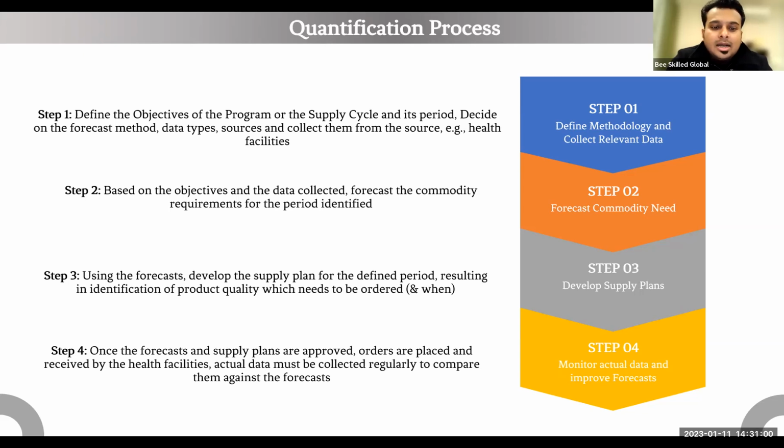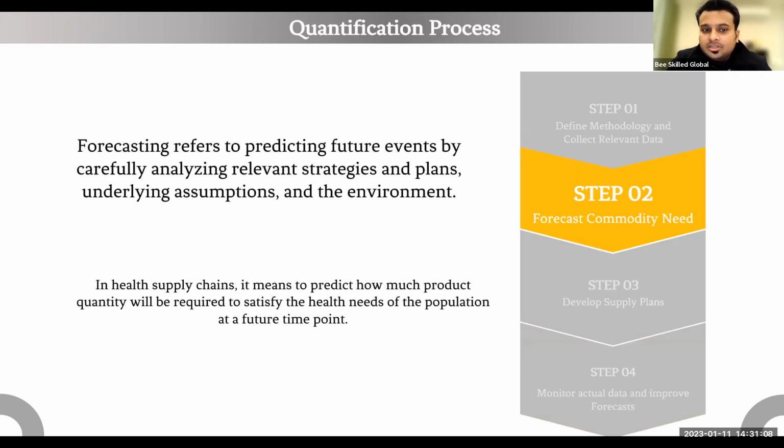Okay. Now, today we are going to talk about step number 2, which is to prepare the forecasts. Forecasting refers to predicting future events by carefully analyzing relevant strategies and plans, assumptions, and the environment.